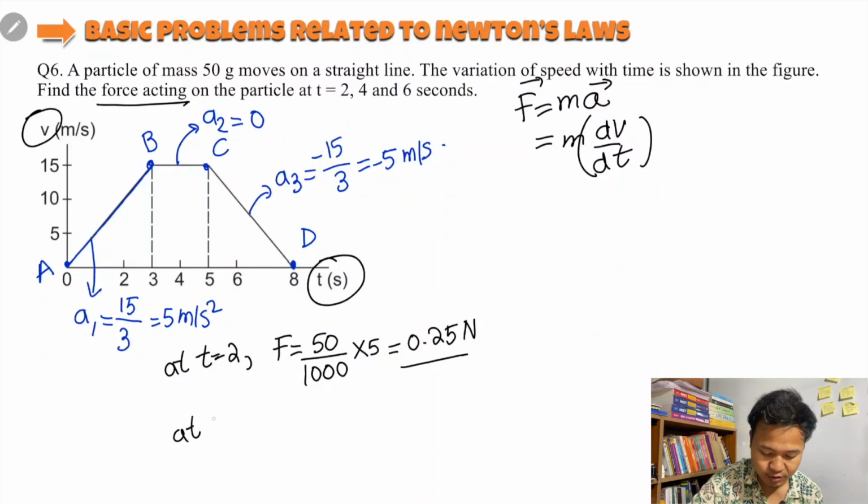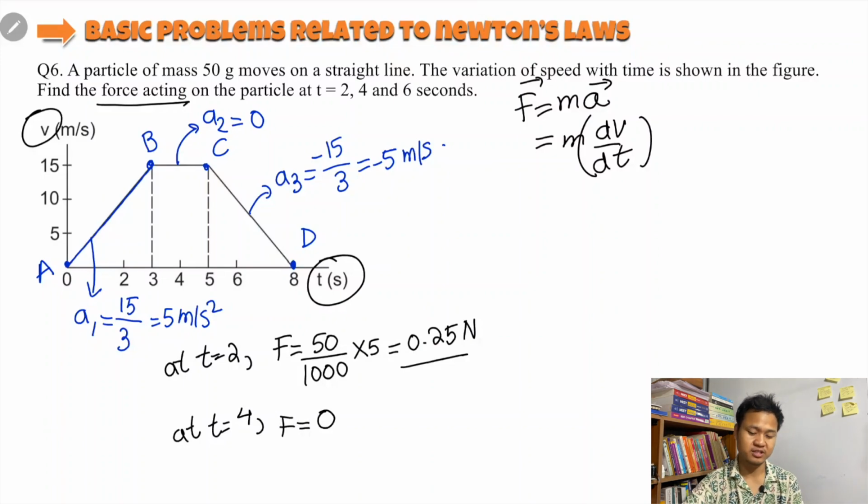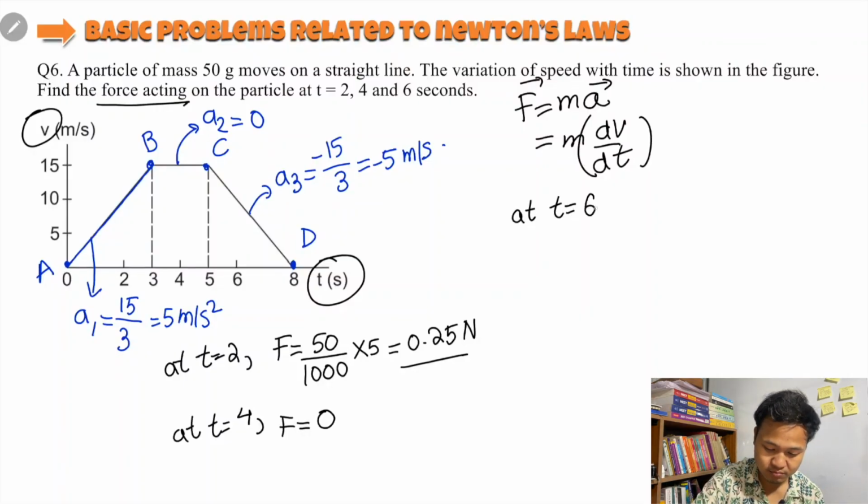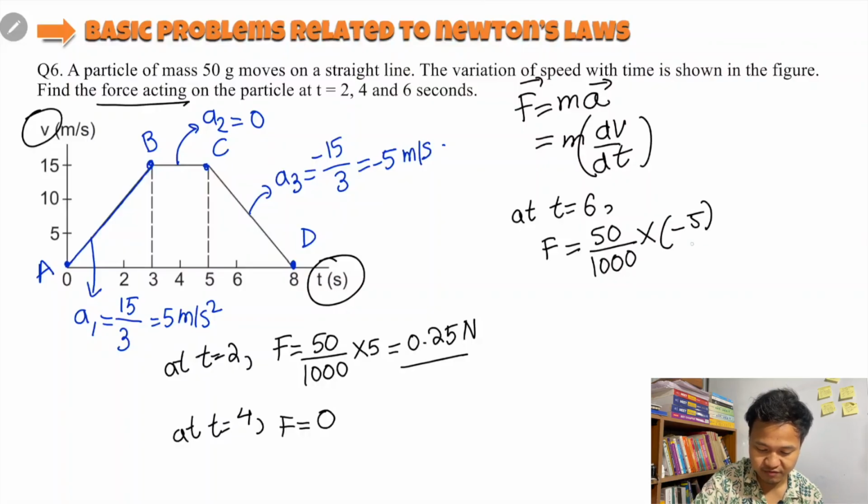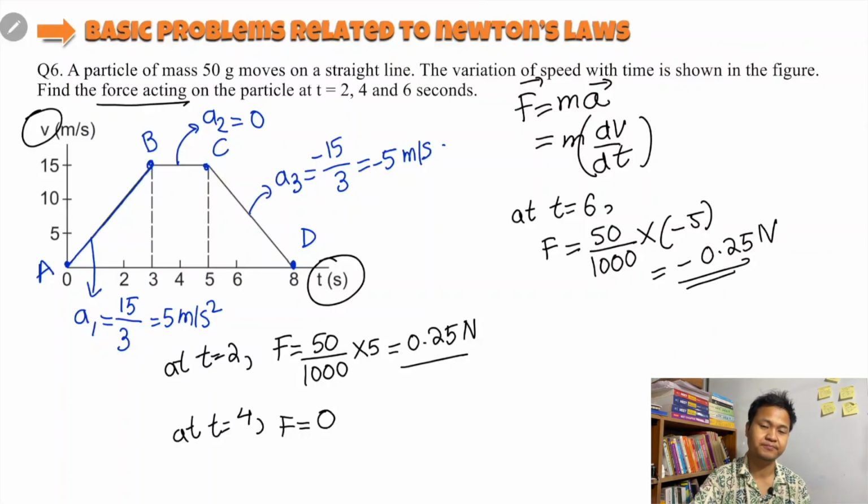At t equals 4, the force is mass into acceleration 0, so it is 0. And at t equals 6 seconds, the force is mass 50 by 1000 into acceleration minus 5. So this is minus 0.25, which means a retarding force.